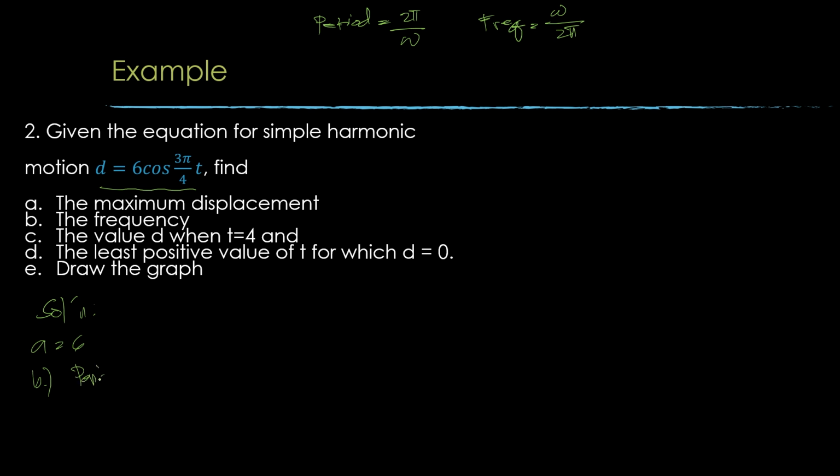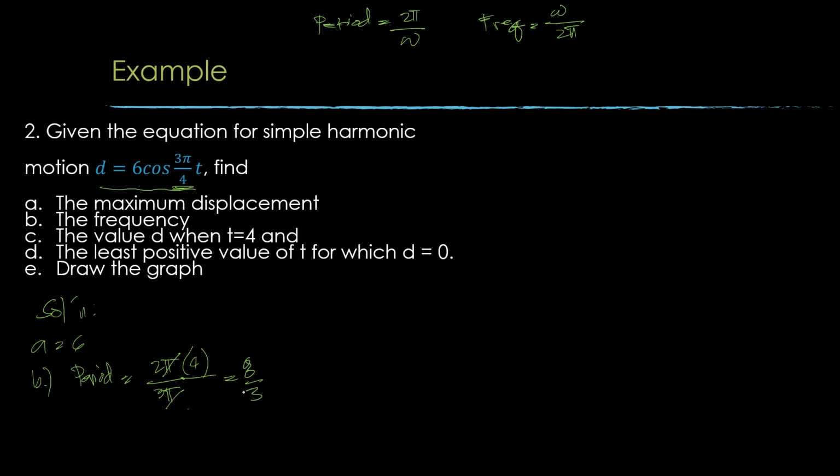The period is 2 pi over omega, and your omega is 3 pi over 4. The pi cancels out, so you have 8 over 3.